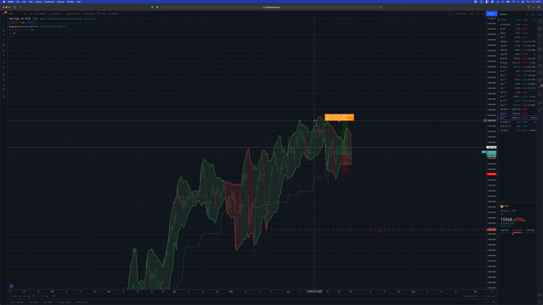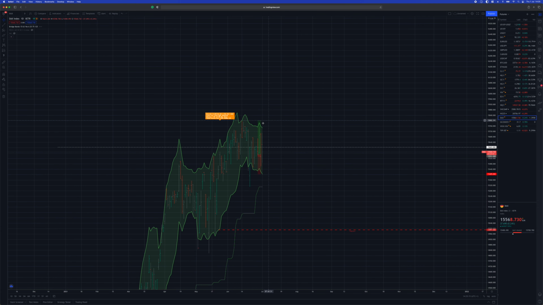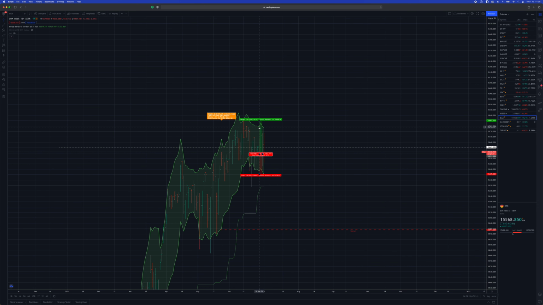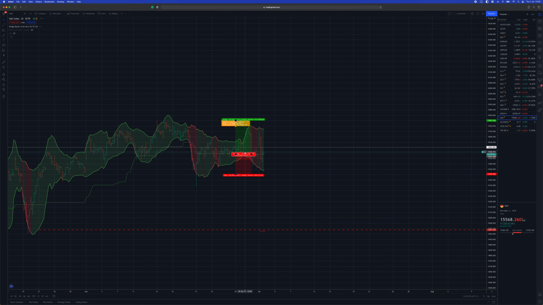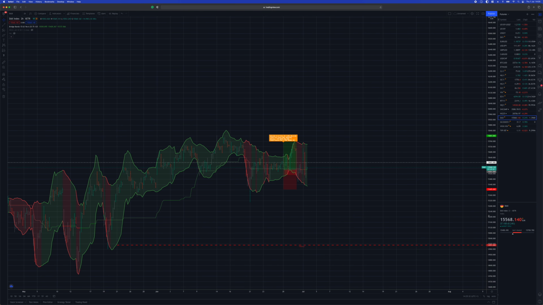There's a chance here that it's made, although on a very short time frame, a lower high, and then it's kind of testing in between these two levels. There is a chance that people could get caught buying into something that they missed out on.